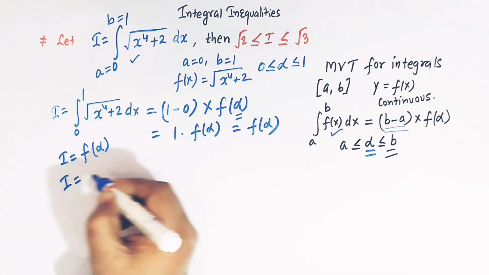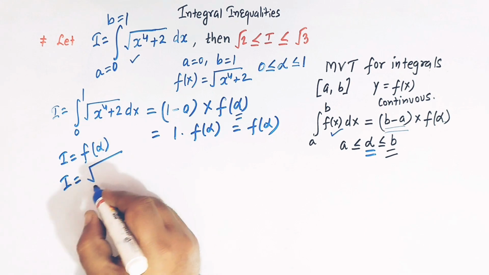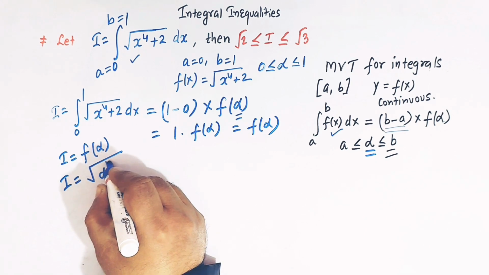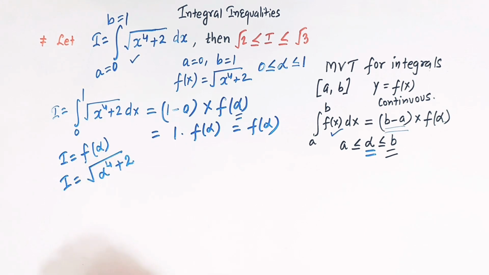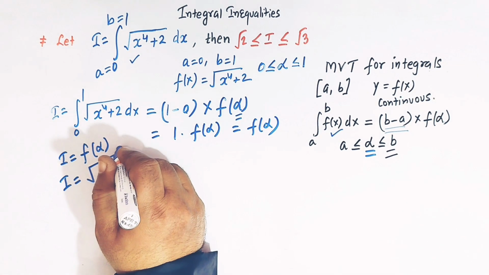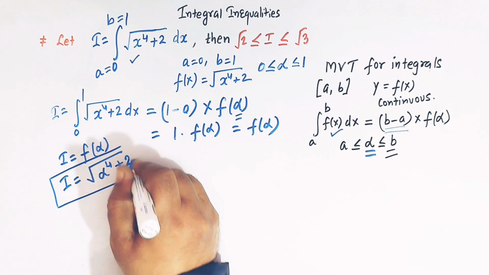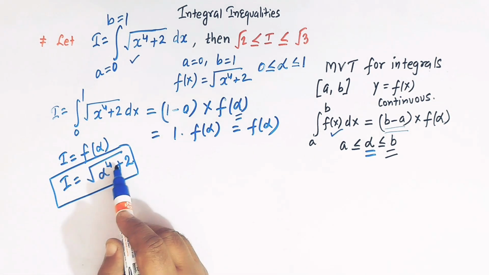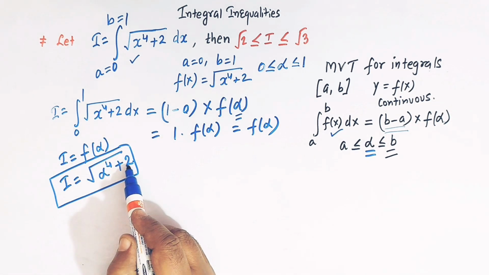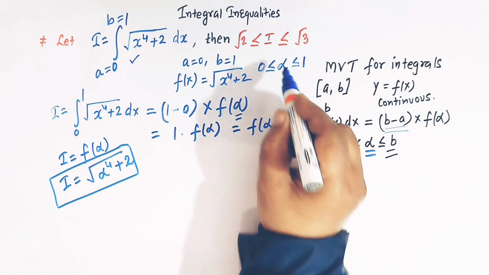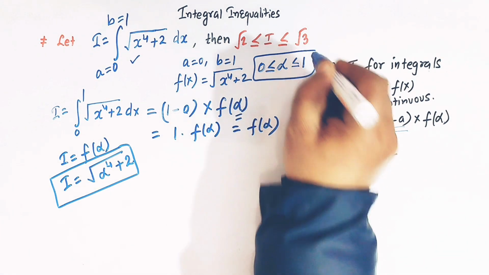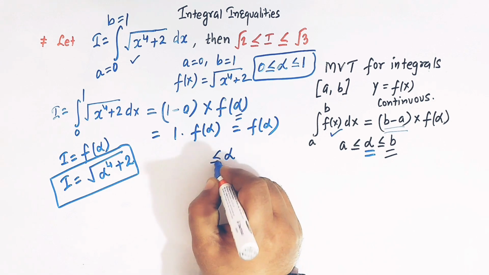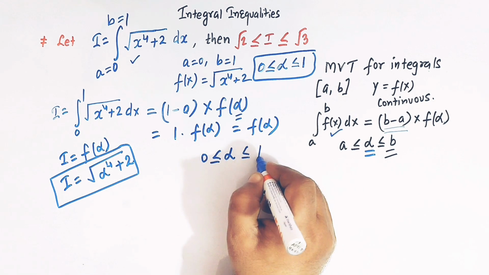So we have I is equal to square root of alpha raised to 4 plus 2. So now our I is equal to this quantity, that is square root of alpha raised to 4 plus 2, right? And now see, here we have this inequality, that is alpha lies between 0 and 1, right?